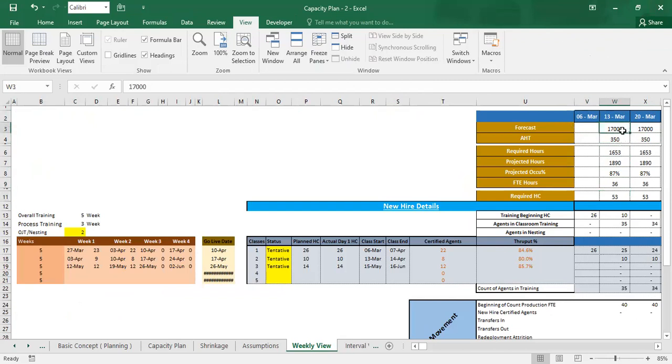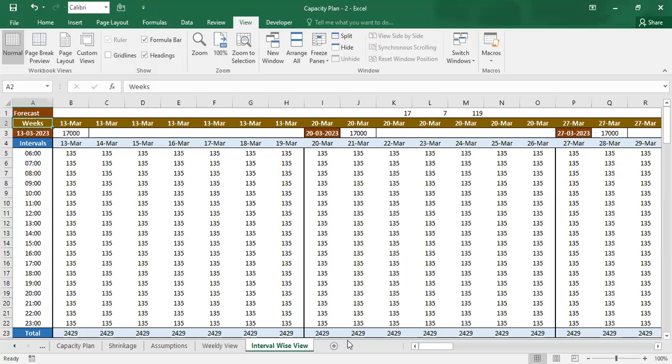The forecast that I have taken, I have divided it on interval level and day level. The interval that I have taken is 1 hour, for 18 hours in a day. So I have divided the forecast equally in each interval of the week.